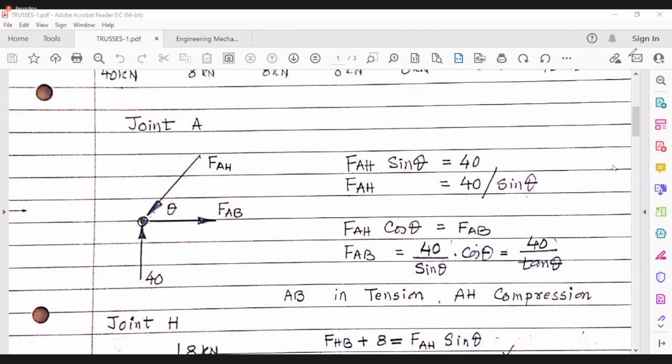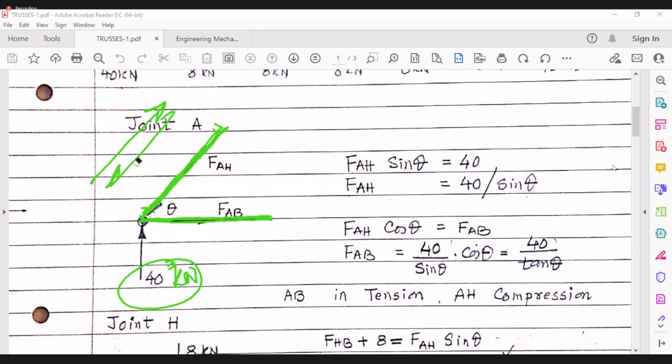Have you understood, cadet, that here is a support reaction of 40 kilonewton? Yes, sir. Okay. Then there is some force in this direction by member AH. We don't know whether it is like this or like this, but it is AH, and there is another force in the direction AB. Cadet, is this clear to you?